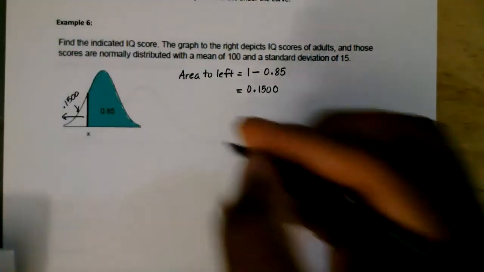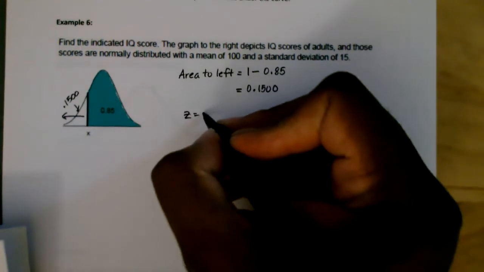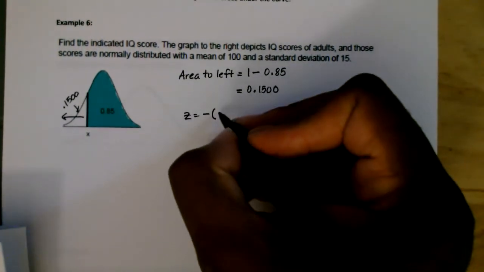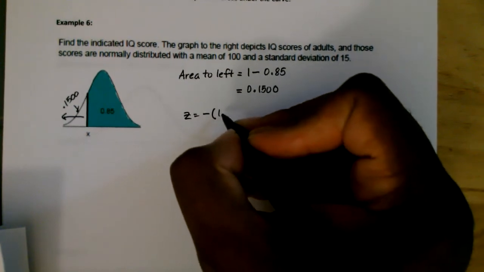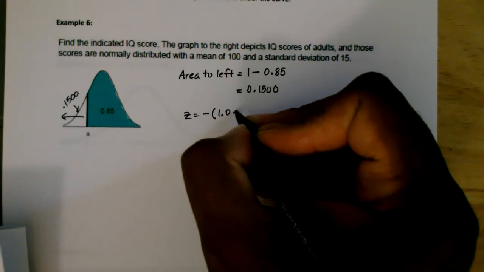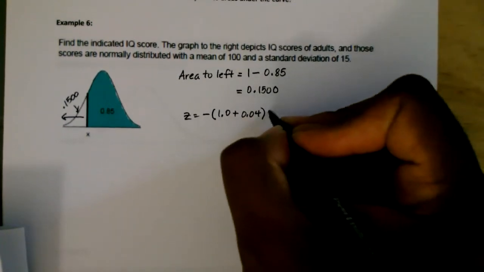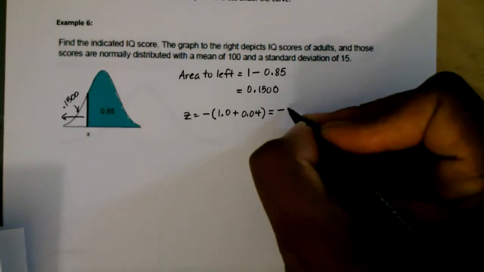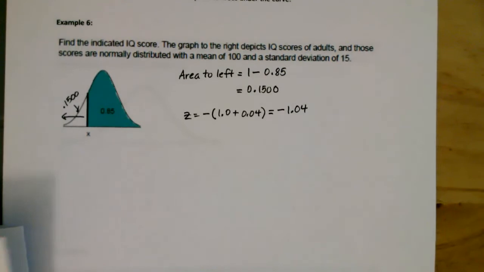Okay, so my z is this. Put the negative on the outside, and it was 1.0. And then plus, in the column, 0.04. Add those together, you'll get a negative 1.04. So that's the z value that we're going to use here.